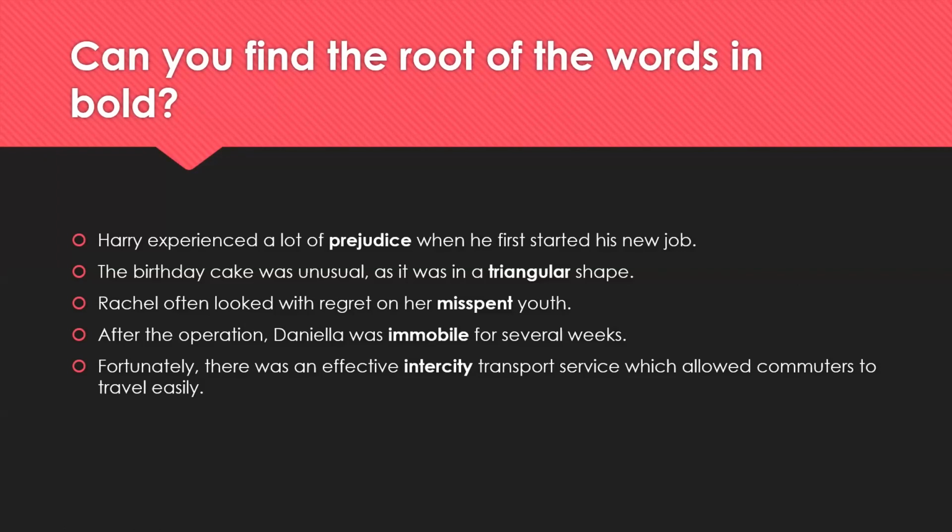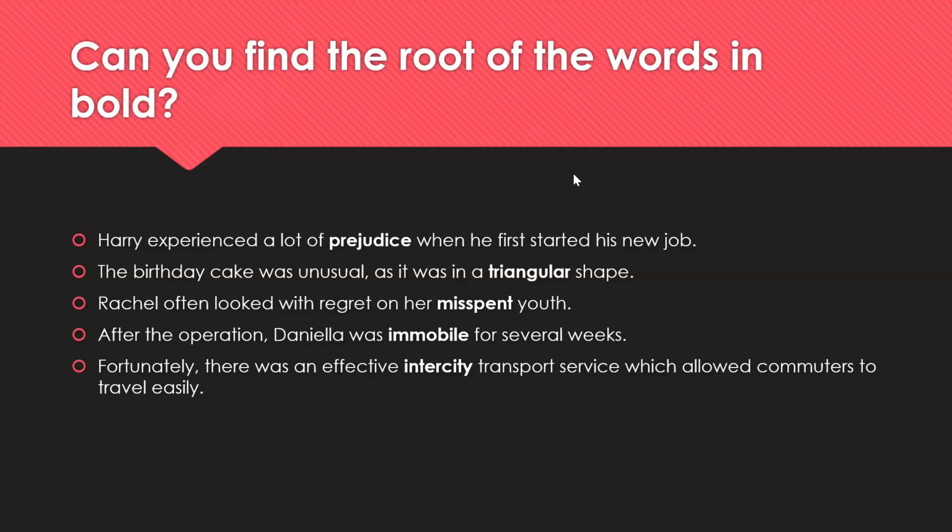Does anyone want to explain their understanding of what it means to be prejudiced, to experience prejudice? What are we doing when we are showing prejudice towards someone? See if you can figure it out. Remember that pre means before, and the root just means to judge. Can anyone therefore explain what it means?